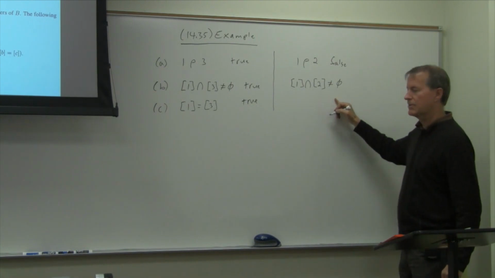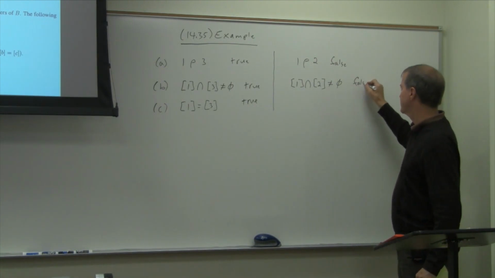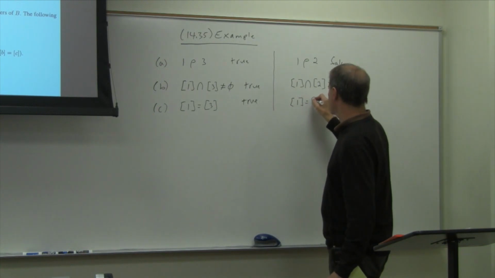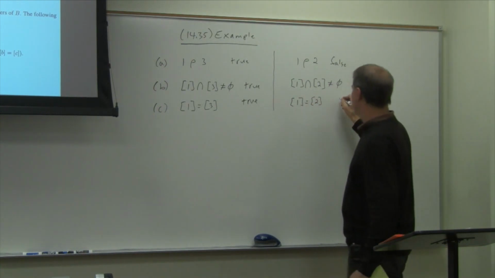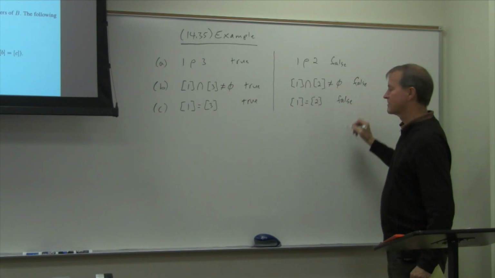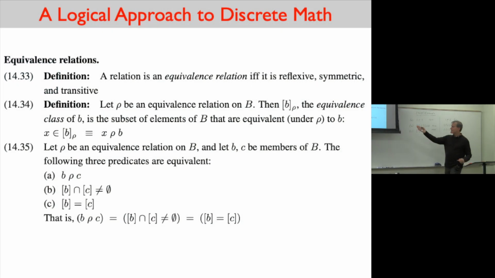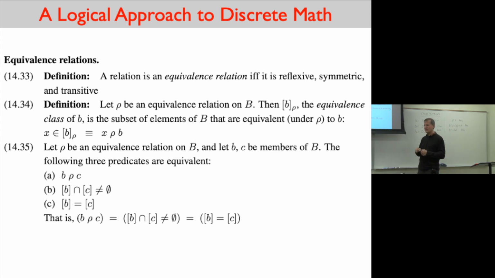True or false? False. And what about equivalence class of 1 equals equivalence class of 2? That's false. So it says the following 3 predicates are equivalent. Each one of these predicates is either true or false.